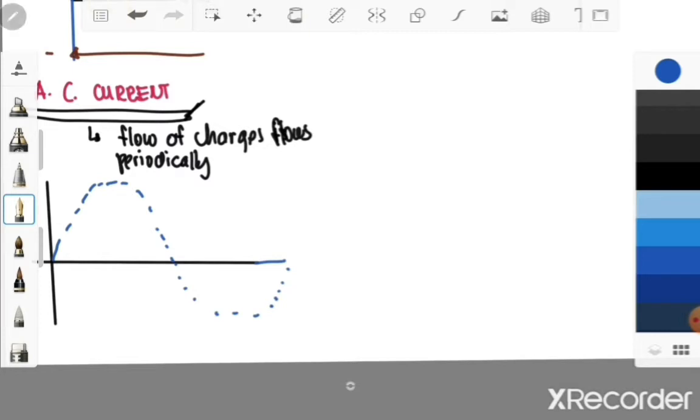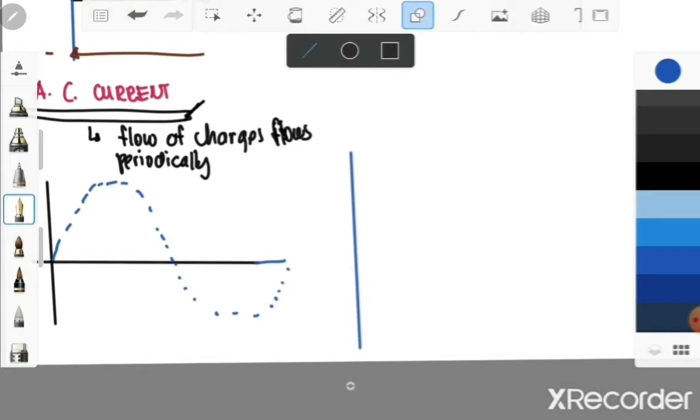There are other flows of AC current. Actually, in our problems, there are various other types of graph. We have our square wave and triangular wave. When I talk about square wave, this is its graph. This is your square wave.